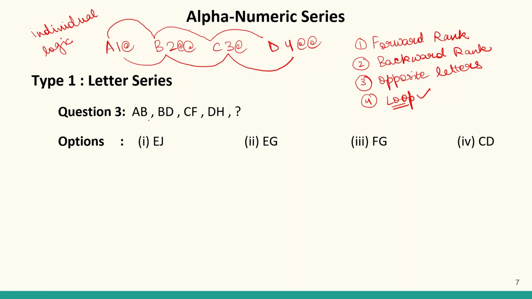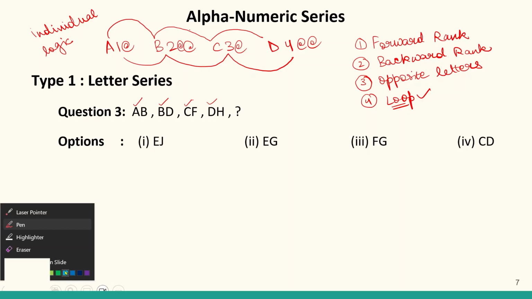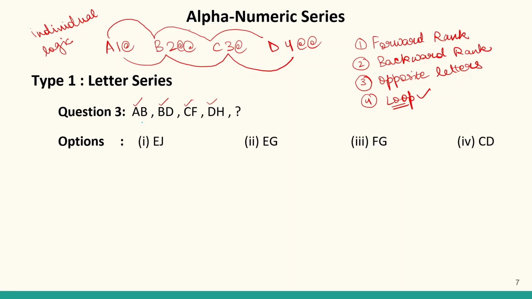But what about if we get something like this? Then there is no difference. It's all letters only. There is no number, there is no symbol. So what do we do? In these types of questions also, you have to find the logic between the first elements, and then you have to find the logic between the second elements, which are these ones.